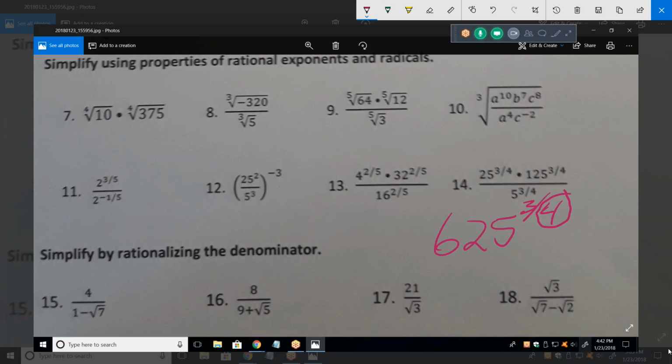So the answer is the fourth root of 625, which is 5, to the third power. 5 to the third power is 125. So that answer should be taken all the way down to 125. In other words, you don't want to give that answer there.